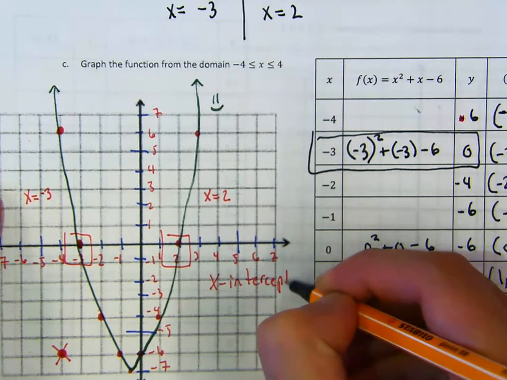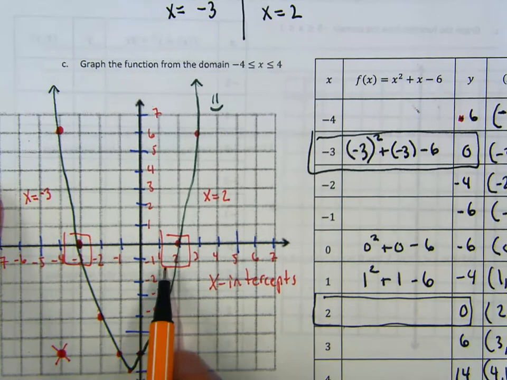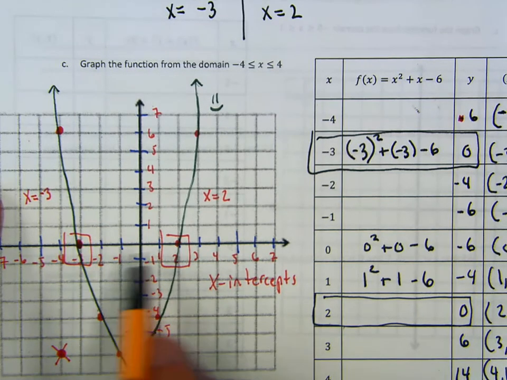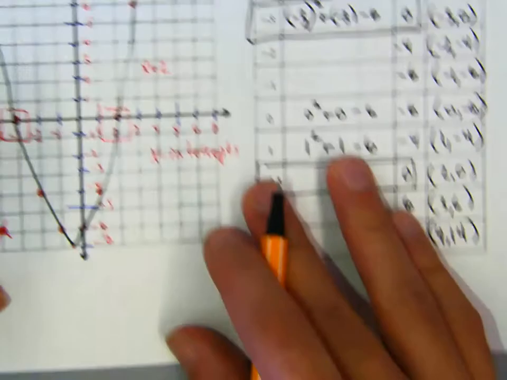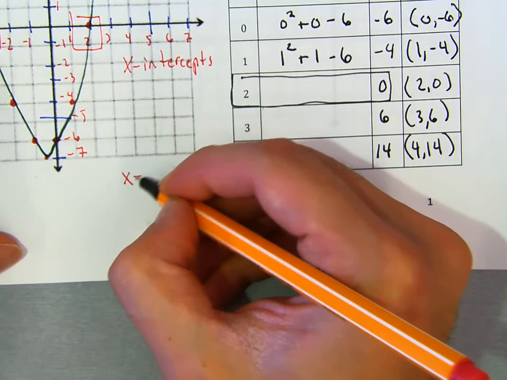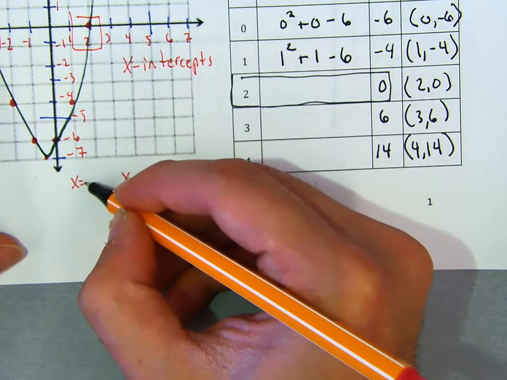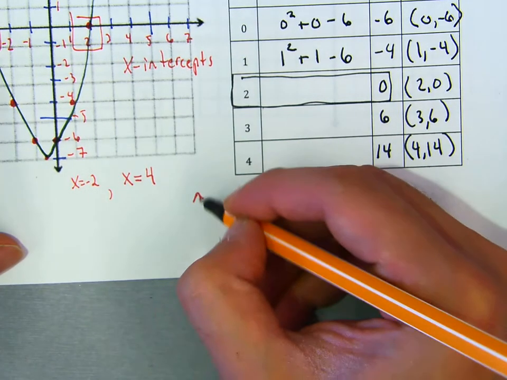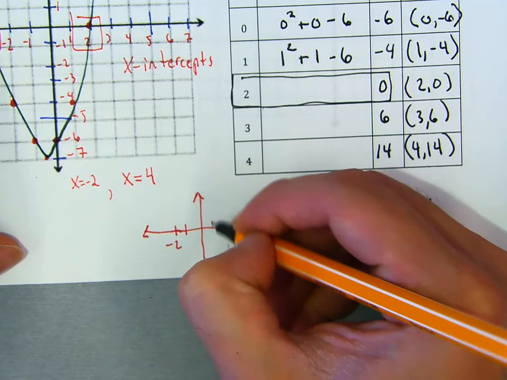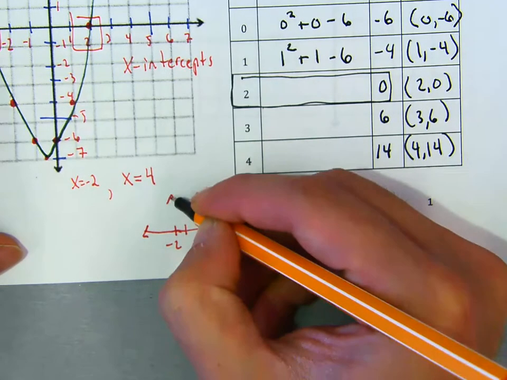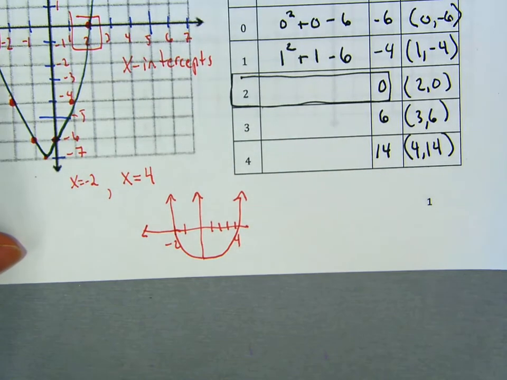The x-intercepts of the graph are the solutions. They're negative 3 and positive 2. So if the solutions are like 4 and negative 2, then I know that the graph has to look something like this, where I have negative 2 here and 4 over here, and this is my graph.